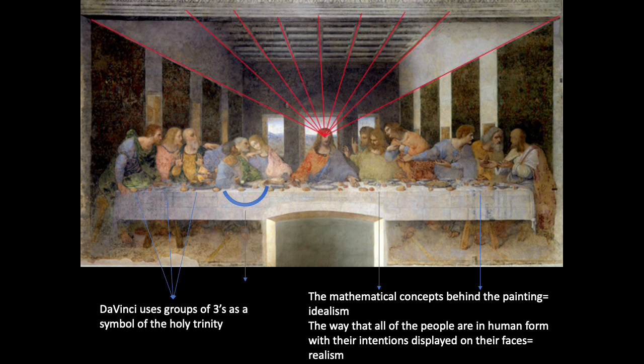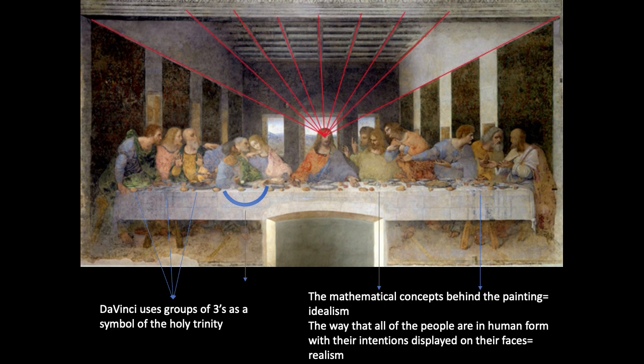Also, he uses the new Italian one-point perspective. So this painting's highly innovative. It takes everything that the Northern Renaissance artists were doing and uses that technology, but it also takes all of the new Italian technology with the perspective.